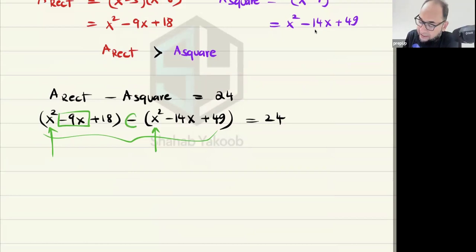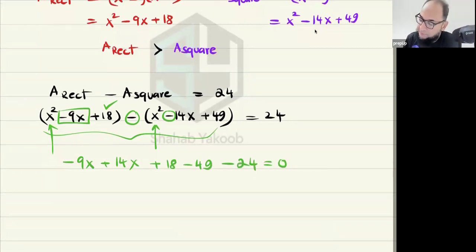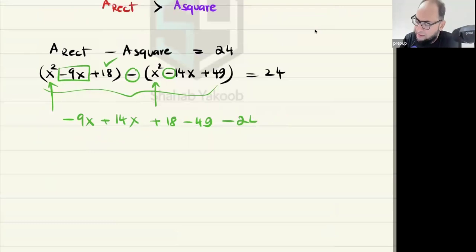Negative 9x, negative 14x. That is negative 9x plus 14x. 18 minus 49, minus 24 equals to 0. I also took 24 on this side. Actually, let's keep 24 on the other side. Now the difference between 18 and 49 is 31.